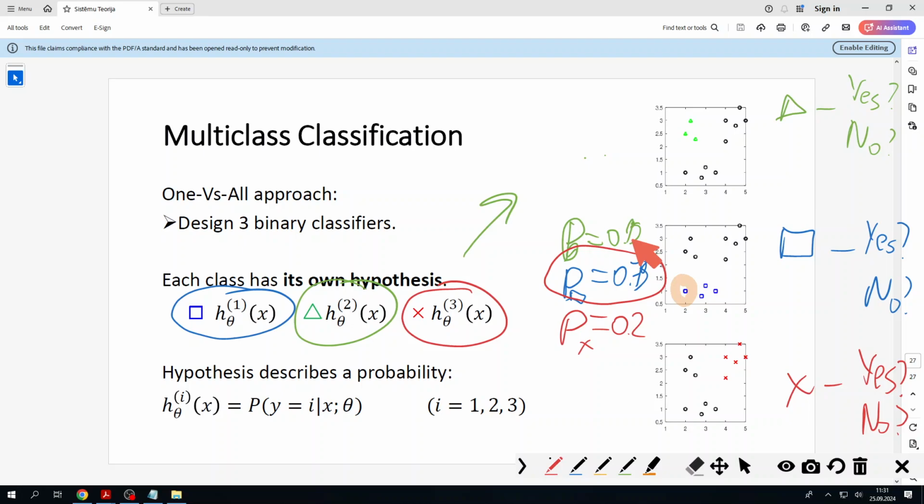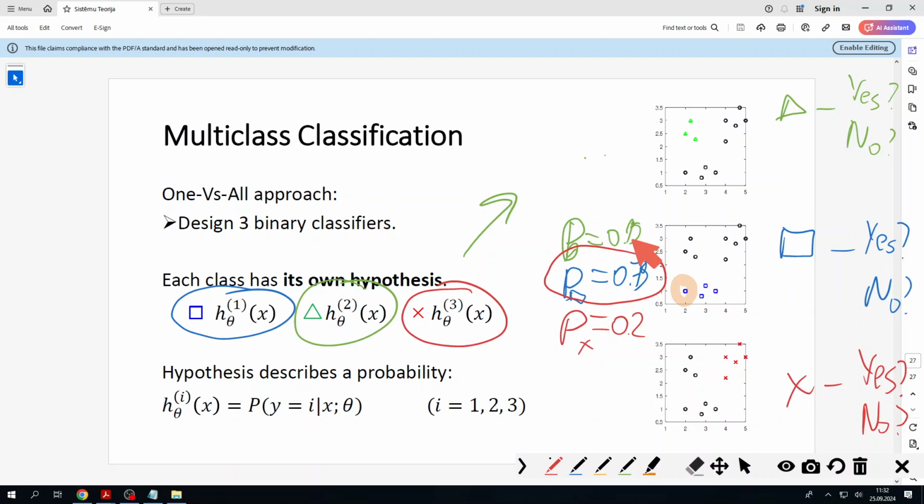If this is not a square, then obviously it is either a cross or a triangle. If we know that this is not a triangle, then the only option left is a cross. And this way we sort it out by finding the maximum probability among all of these 3 cases.